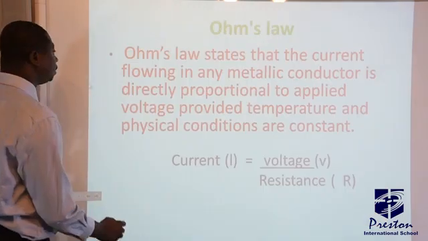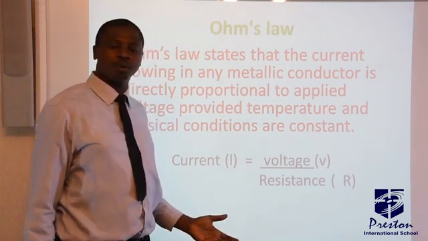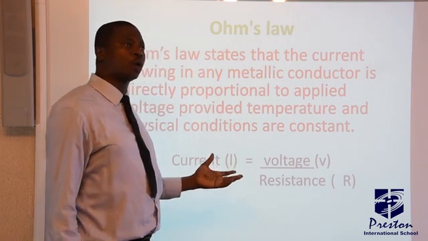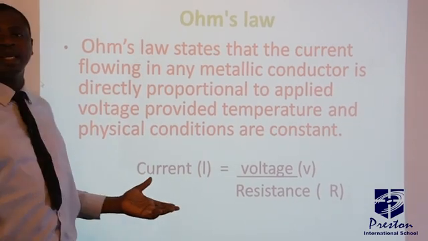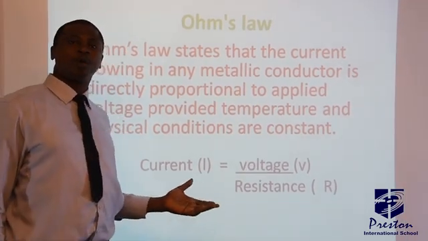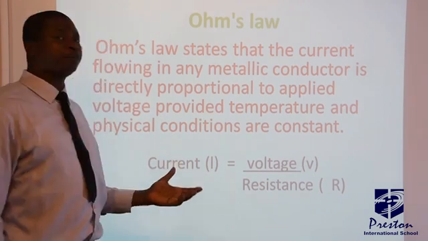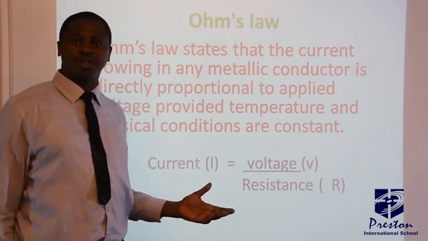In our next slide, we're going to define Ohm's law. Remember, Georg Simon Ohm was the one who worked in the field of electricity and discovered this electrical quantity called resistance. Simply stated, the current flowing in any metallic conductor is directly proportional to the voltage applied, or potential difference, provided temperature, pressure and other physical conditions are kept constant.